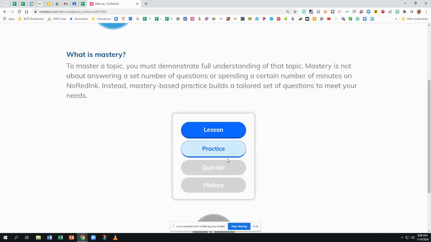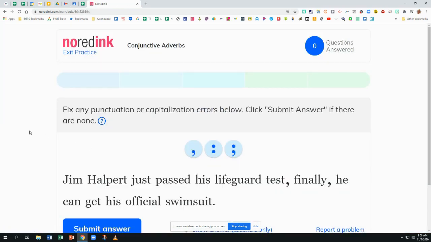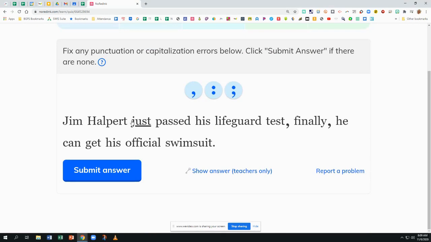Let's do the first one together. So once we've looked at the lesson, we click practice. Here we go. Fix any punctuation or capitalization errors below. Click submit answer if there are none, right? So Jim Halpert just passed his lifeguard test, comma, finally, comma, he can get his official swimsuit.